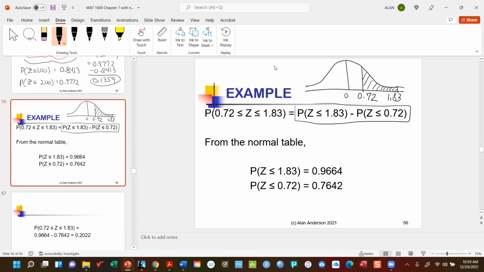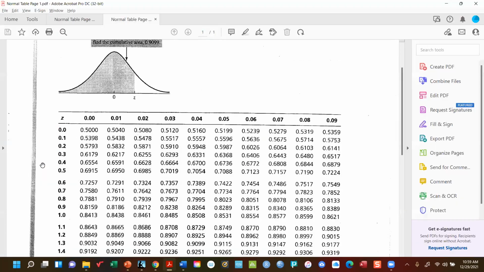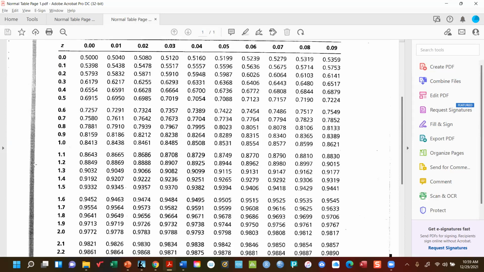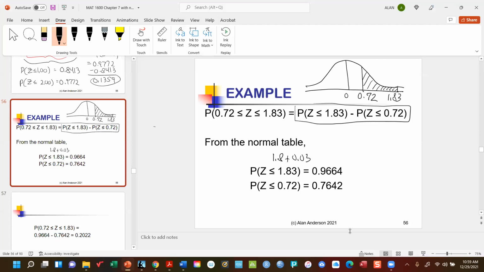Let's look up 1.83, which of course is 1.8 plus 0.03, just for the practice. Here's the 1.8. Here's the 0.03. That turned out to be 0.9664, correct.